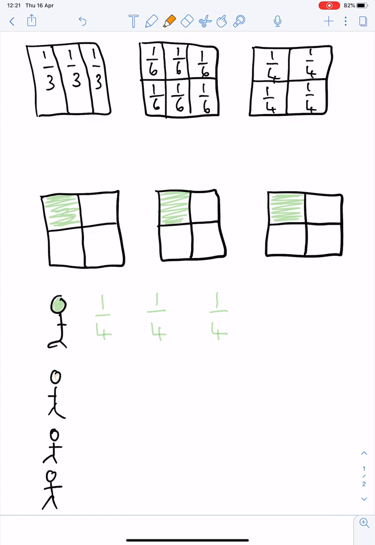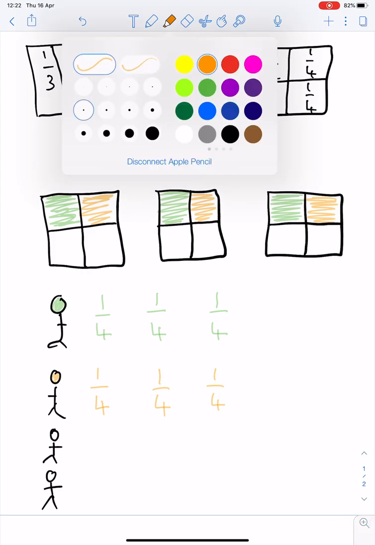The second child will take 1 piece from this sandwich, 1 from this sandwich, and 1 from this sandwich. So they get 1 out of 4, 1 out of 4, and 1 out of 4.